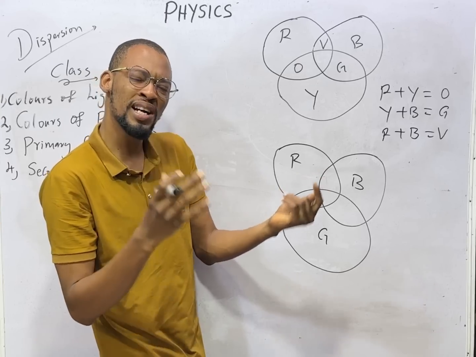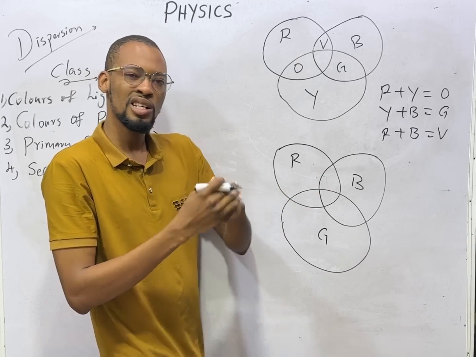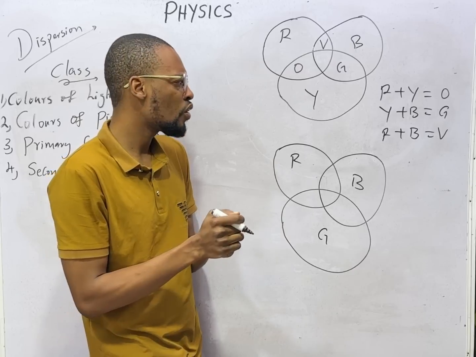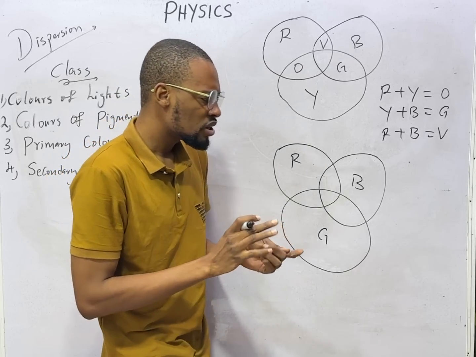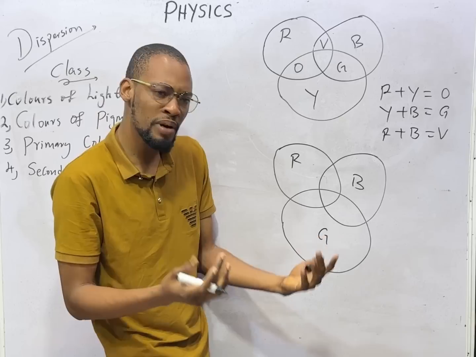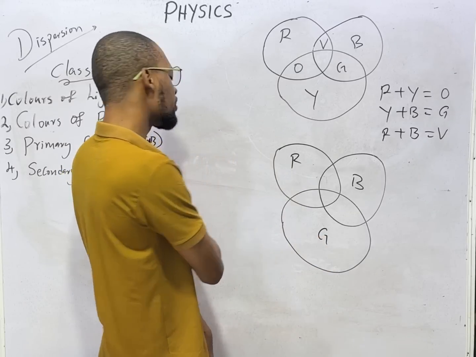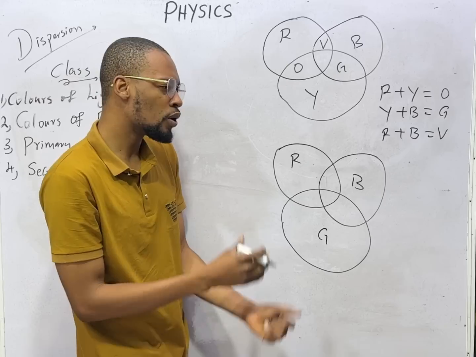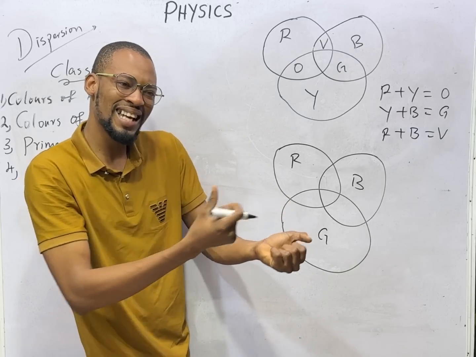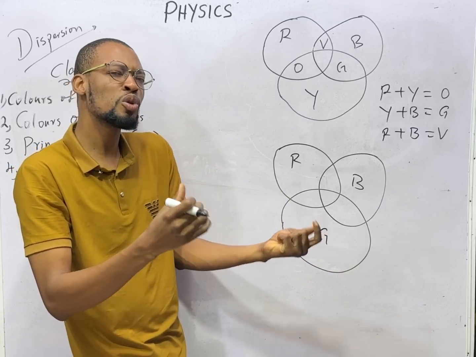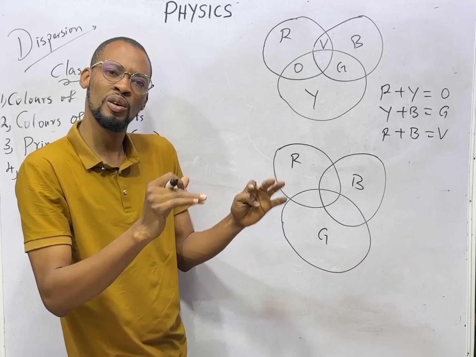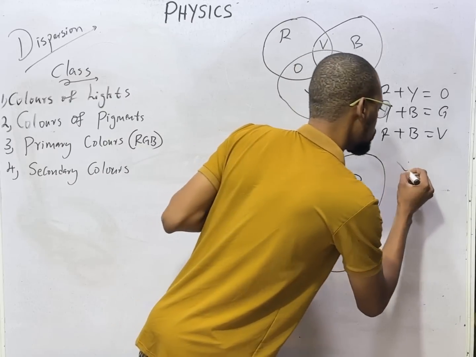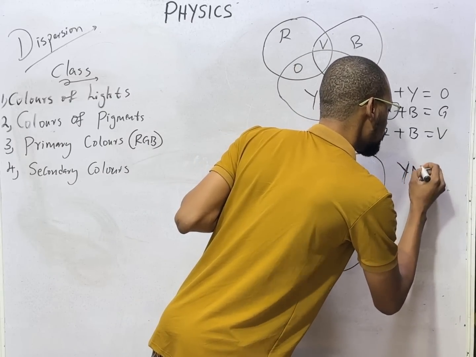We have subtractive colors, or you say subtractive primary colors, or you can even call them secondary colors or whatever. Now, the additive colors, the main primary colors, are red, green, and blue. The subtractive colors are colors that absorb one primary color to form another color. So, the three subtractive colors are Y, M, C.